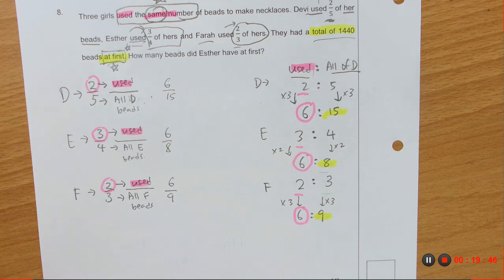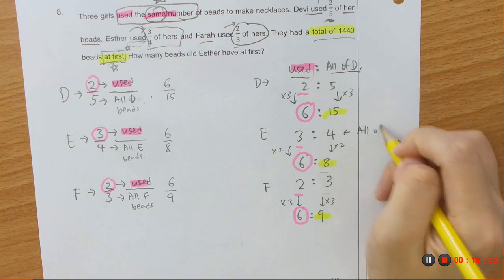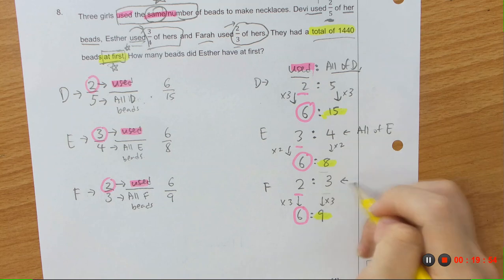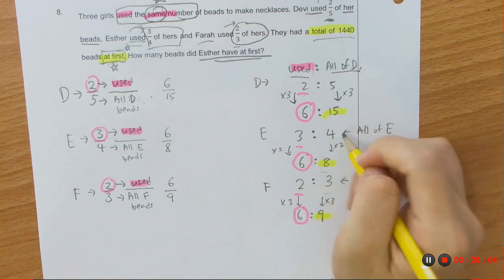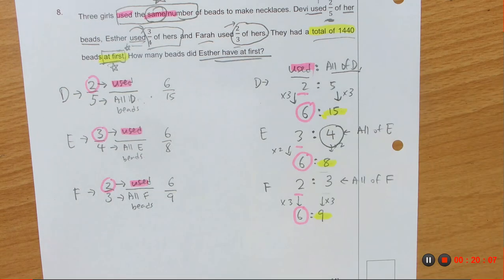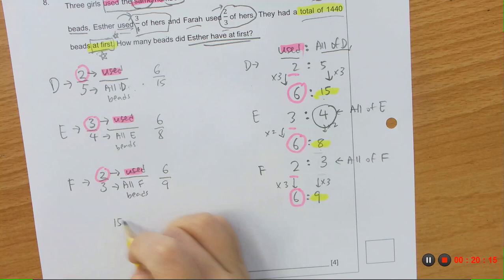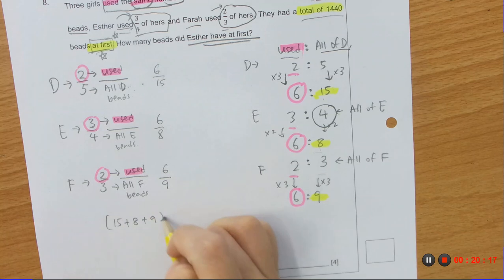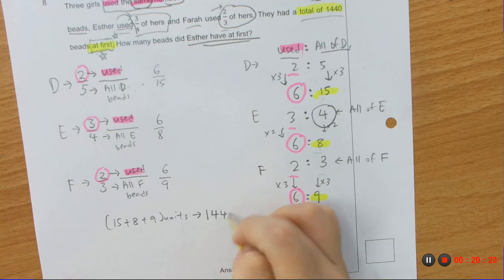All of D, all of E, and all of F, Farah. The answer is to find all of Esther at first. So this is the units. In other words, 15 and 8 and 9. 15 plus 8 plus 9 units. That's 1,440 beads.